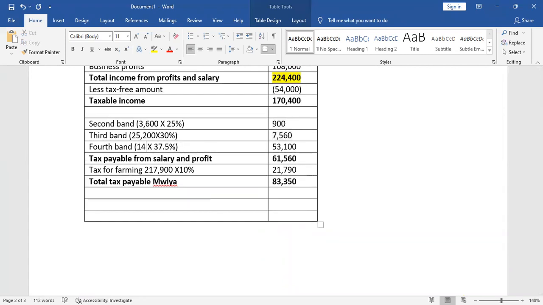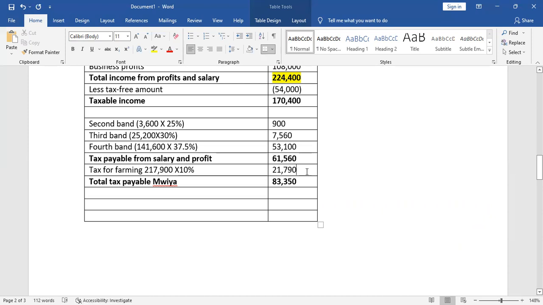The only difference now is this amount, because once we exhaust there, we remove from 170,400 the 3,600 and the 25,200, and then what remains? It will still remain the same amount that we had, the 141,600. Again, you hammer, you get that amount. So it's just a different approach.